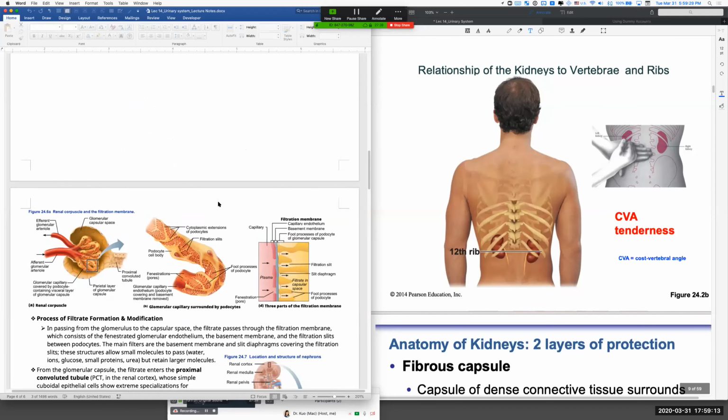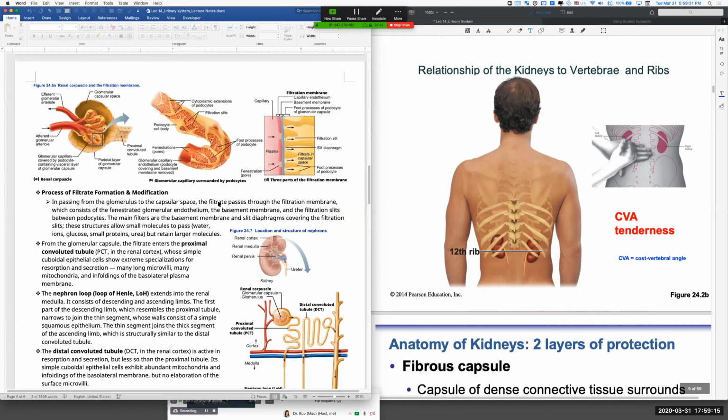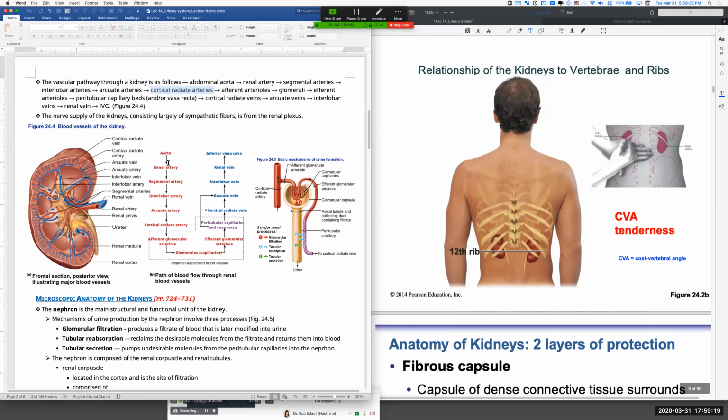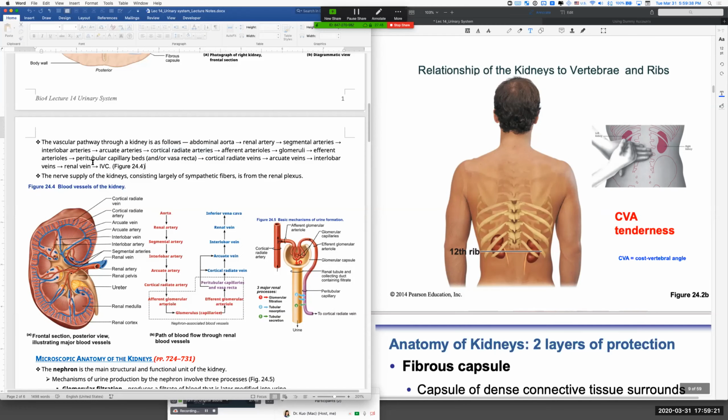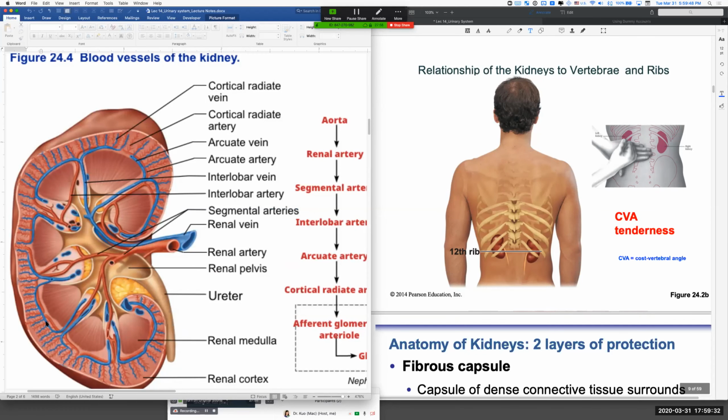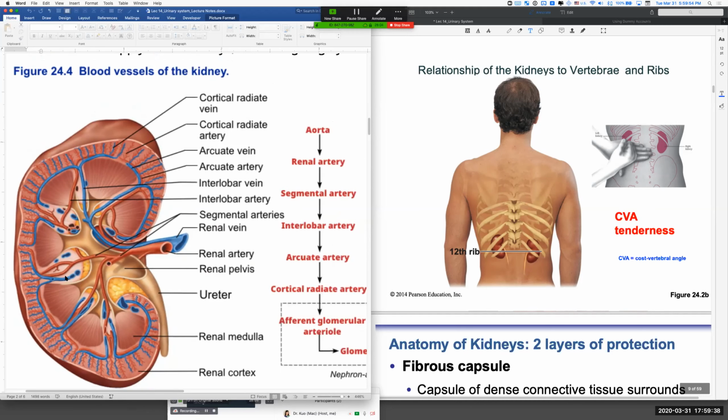So this is something you do have to look into closely, because I understand it can be kind of confusing when you first go through it. And then from there on, the cortical radiate veins lead into arcuate veins. Arcuate veins lead into these interlobar veins. There is no segmental veins.